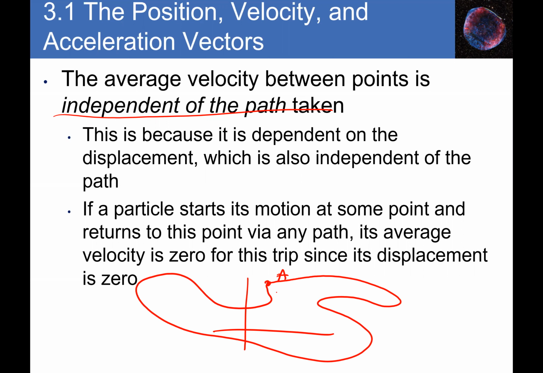If that's your start point and your end point, your displacement is 0. Your distance is not. Distance is how much you moved around, but your displacement is 0. So your speed is not 0, because average speed is distance over time. But your velocity is displacement over time, and that's going to be 0.